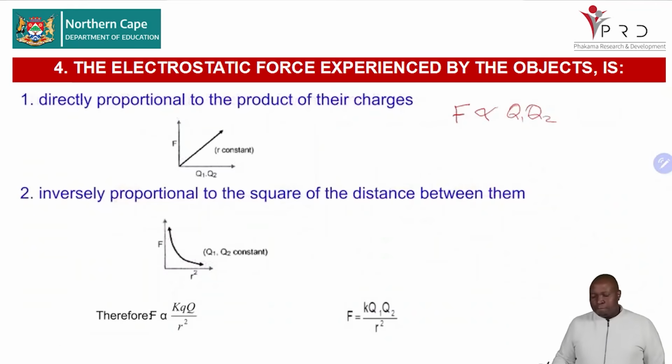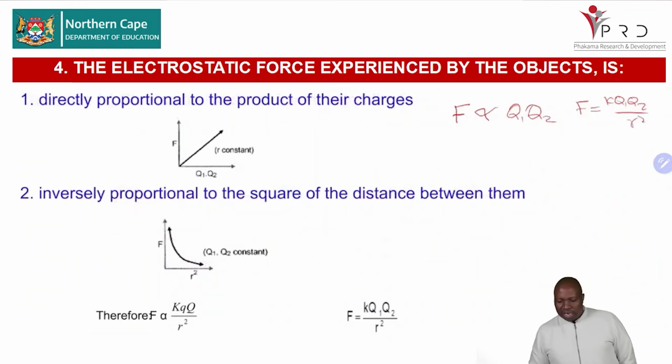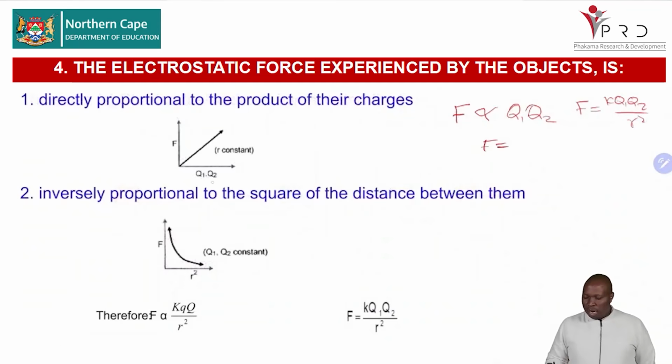Now, it's important, we're having a graph there. Remember, we're taking this from F equals K Q1 Q2 over R squared. So now, if we were to draw the graph of F versus product of charges, the graph would look like that. You will see that F is on your y-axis, and Q1 Q2 is your x.